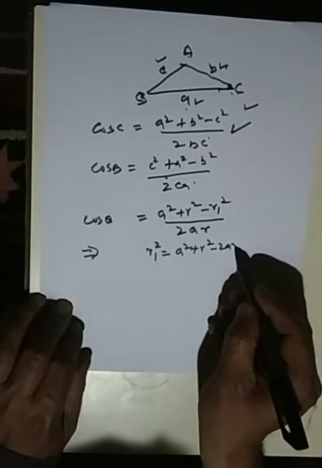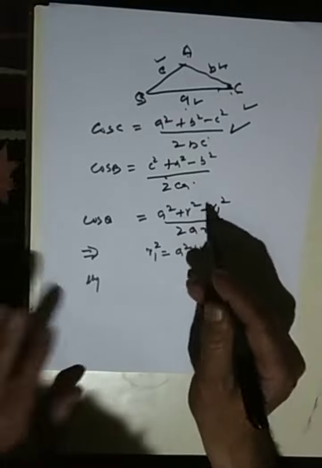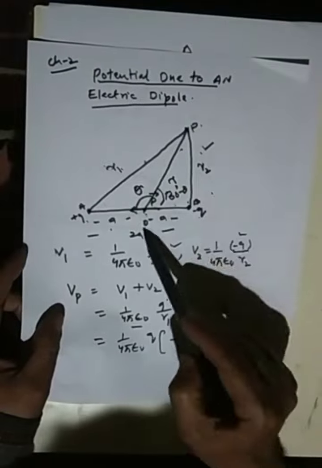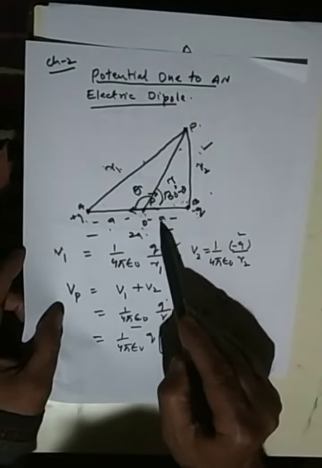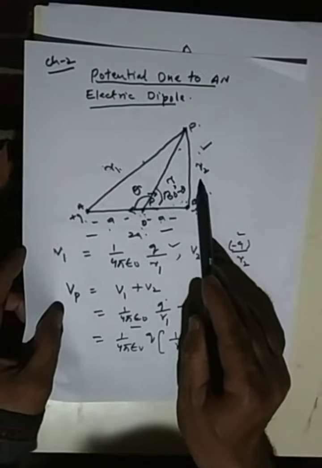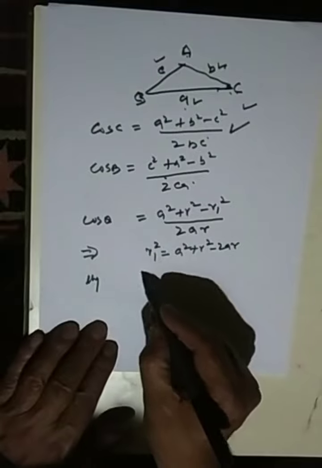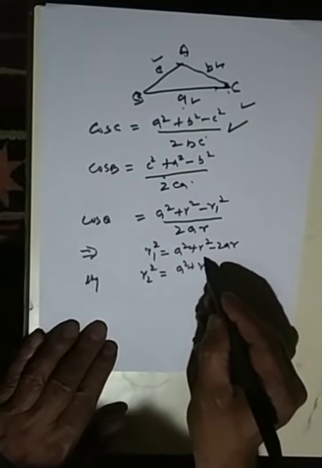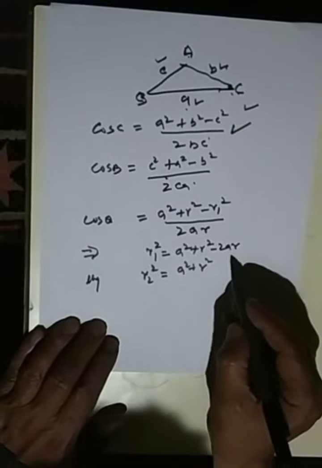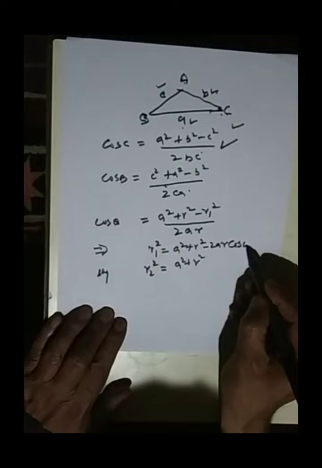Similarly, when we apply the same formula to this triangle POB, then cos of 180 minus theta will be equal to A square plus R square minus R2 square divided by 2AR. वही formula यहाँ पर apply करेंगे. R2 square will be equal to A square plus R square, यहाँ पर ये cos theta वो आया था. ठीक है.